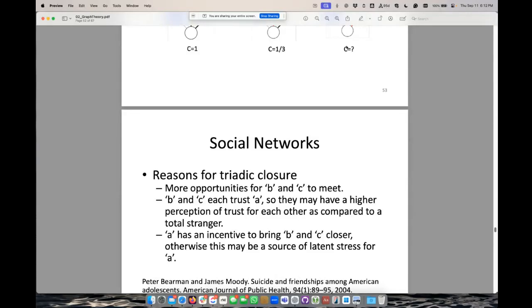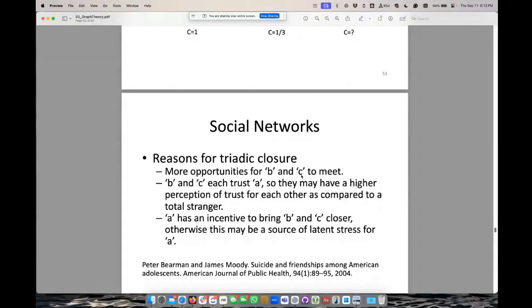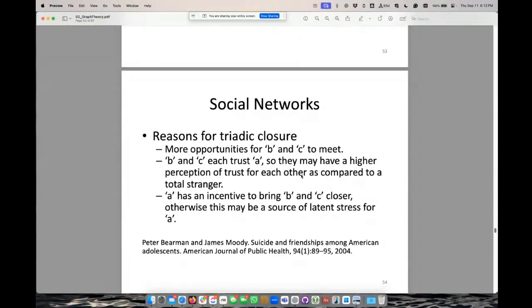Maybe they're part of a book club or other co-curricular activities, and those are the things that are bringing them together, right? So such small cliques or local cliques are properties of social networks.